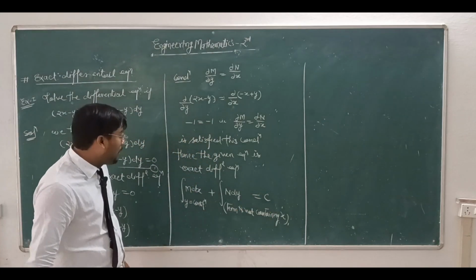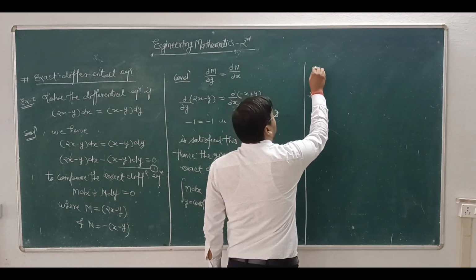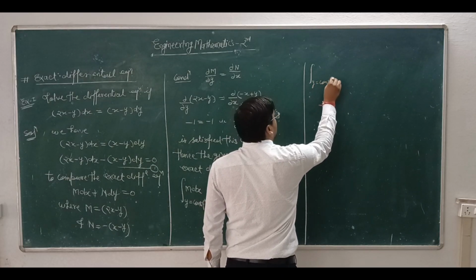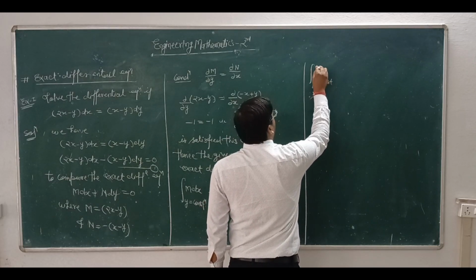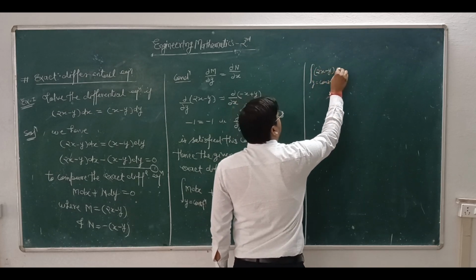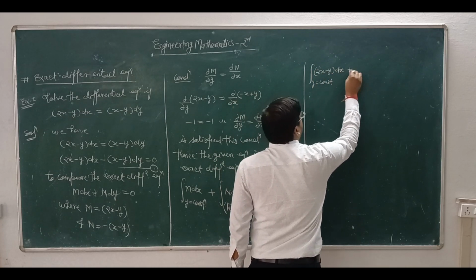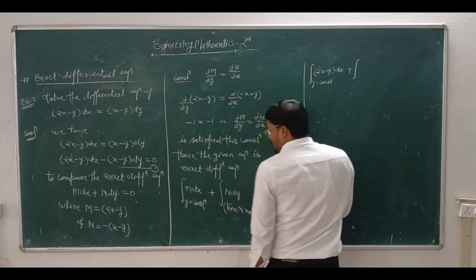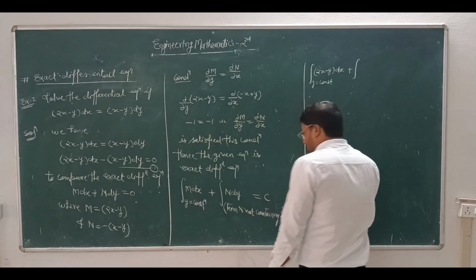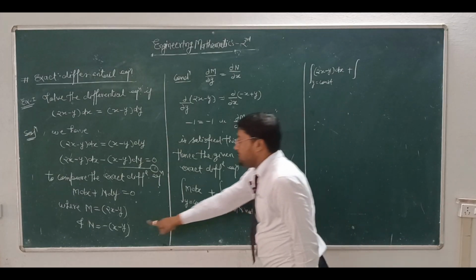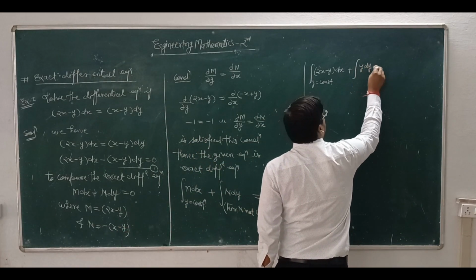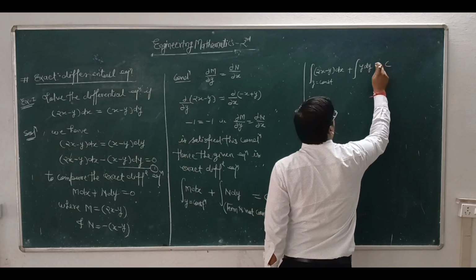Now putting the value of M and N, this means integral, y is equal to constant, putting the value of M, (2x minus y) dx, plus integration, now putting the value of the term not containing x, minus minus plus, you can write y dy is equal to c.